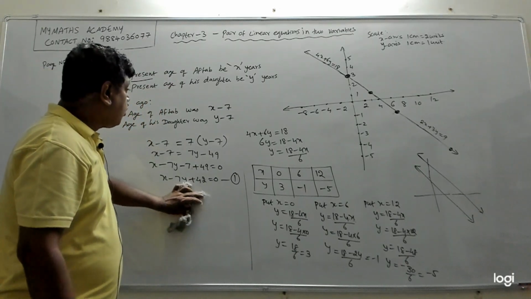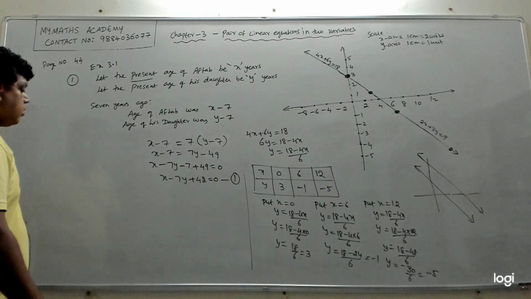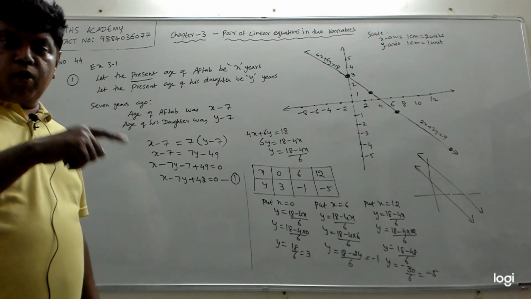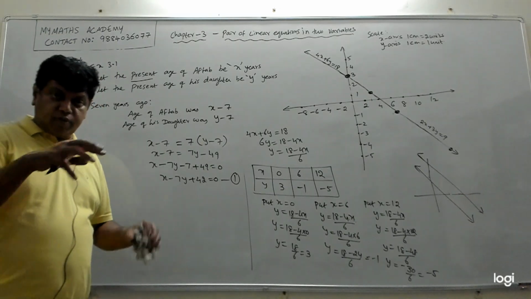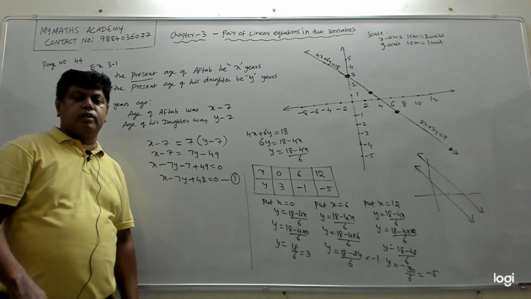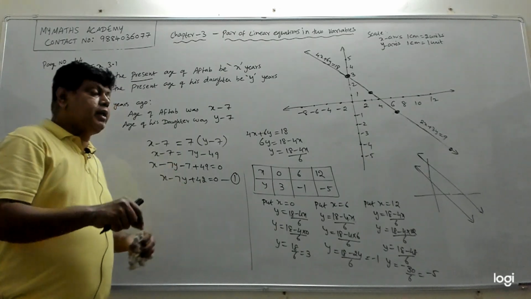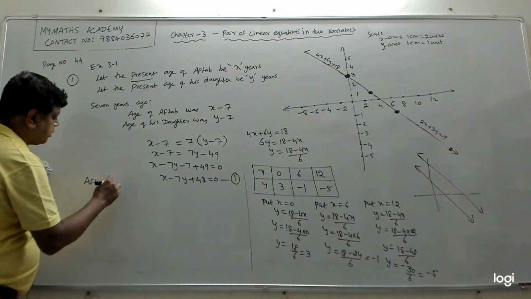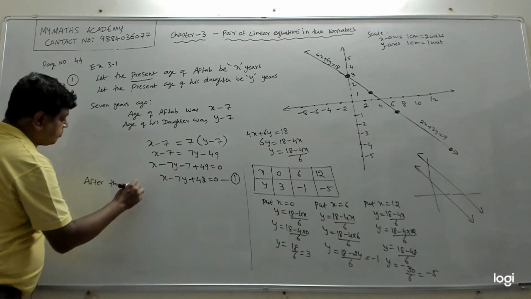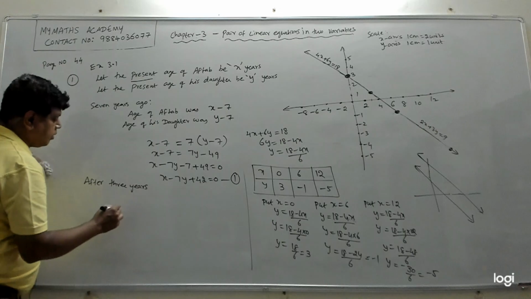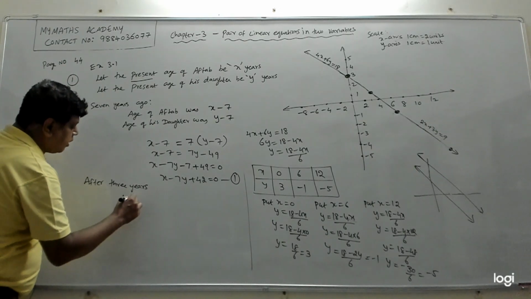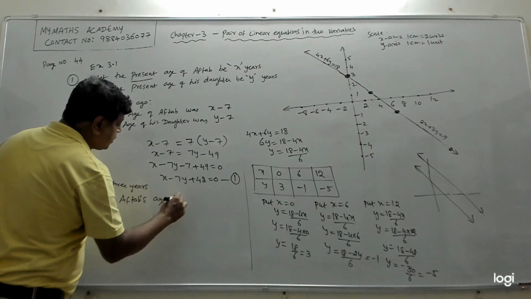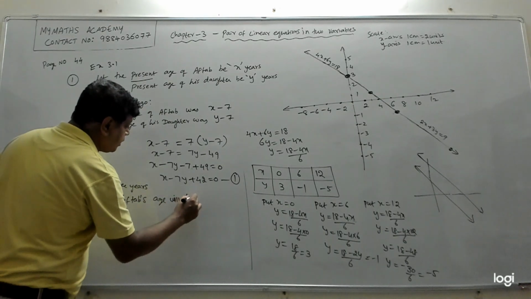Now the second statement that Aftab made. He said 3 years from now, which means after 3 years. The moment they talk about after 3 years, you have to immediately write the age after 3 years. So after 3 years, Aftab's age will be what?